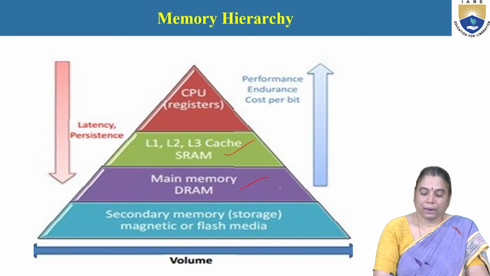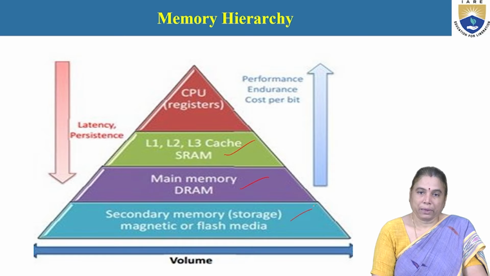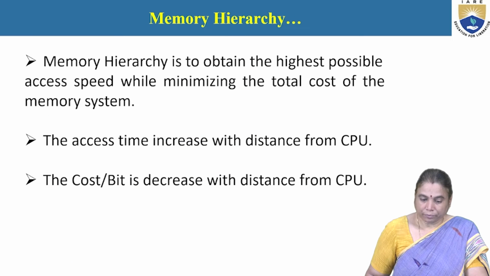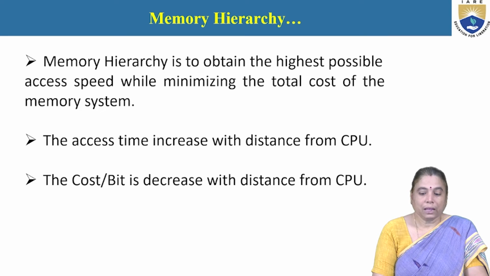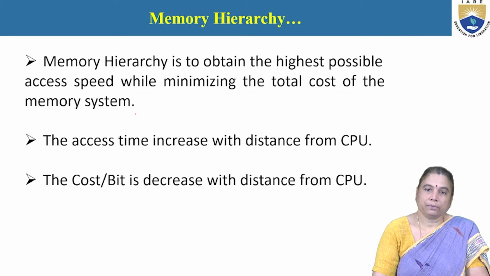Next, the main memory, and later the secondary memory. The speed of access increases while traversing from bottom to top, and the cost per bit is reduced while traversing from top to bottom. So the memory hierarchy is meant to obtain the highest possible access speed while minimizing the total cost of the memory system.